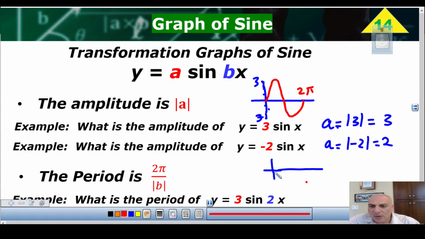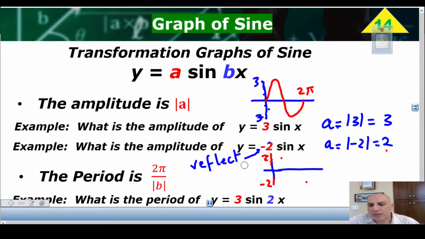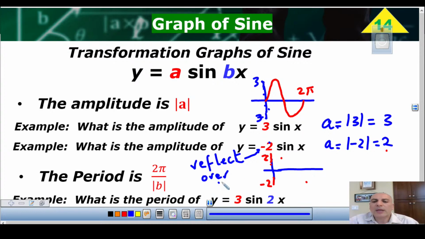How about this one here? Well, we said 2, right? The amplitude is 2, which means I could go up to 2 here. If this is 1, this is 2. So I'm going to go up to 2 here and down to negative 2. So what's the difference here? Why is this negative here? I'm going to put a circle. What does this negative do here? This negative reflects over the x-axis.